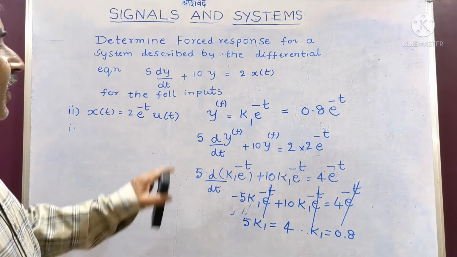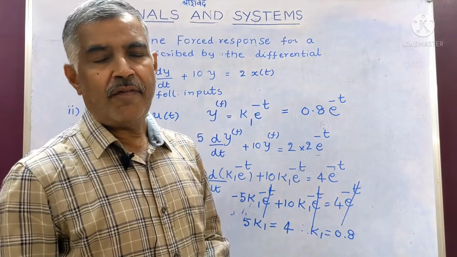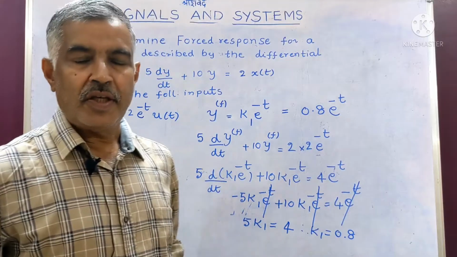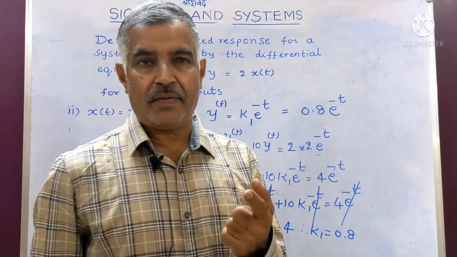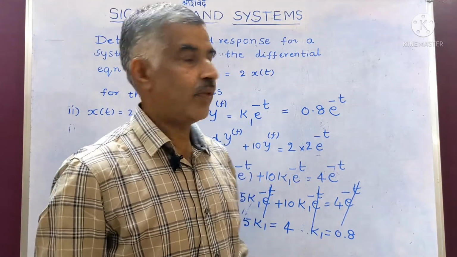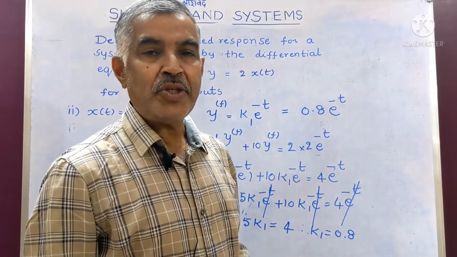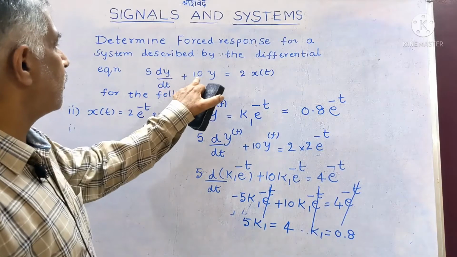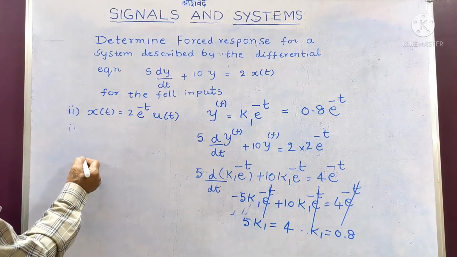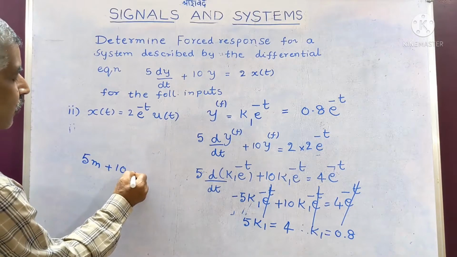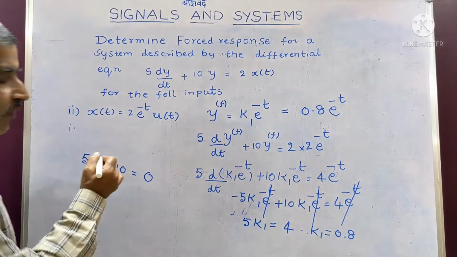Now, I said one point. When exponential inputs are given, you must take one care. What is that care? You refer to the natural response. If you write the natural response for this, what is it? 5m plus 10 equal to 0, the auxiliary equation.